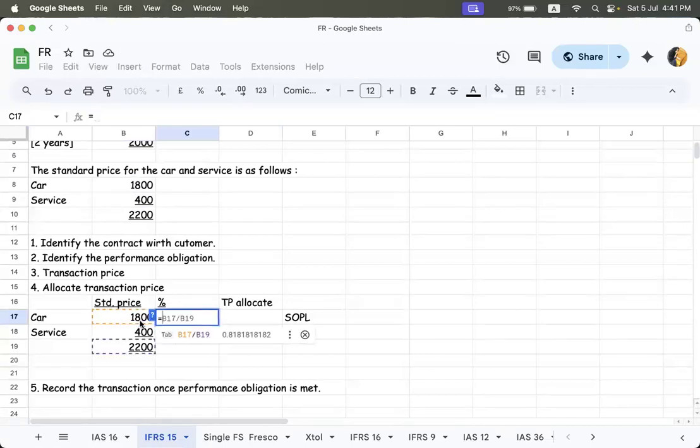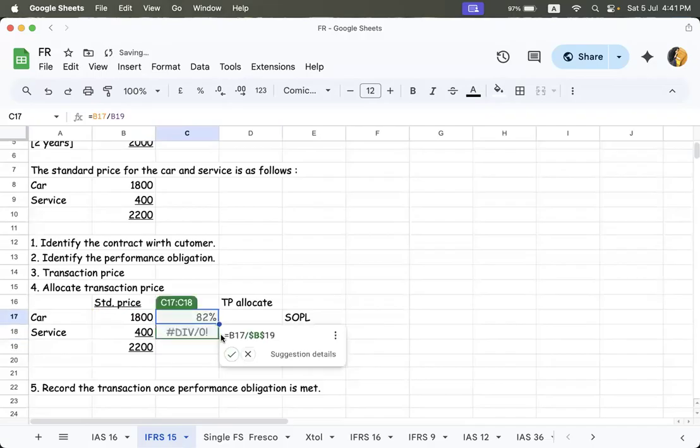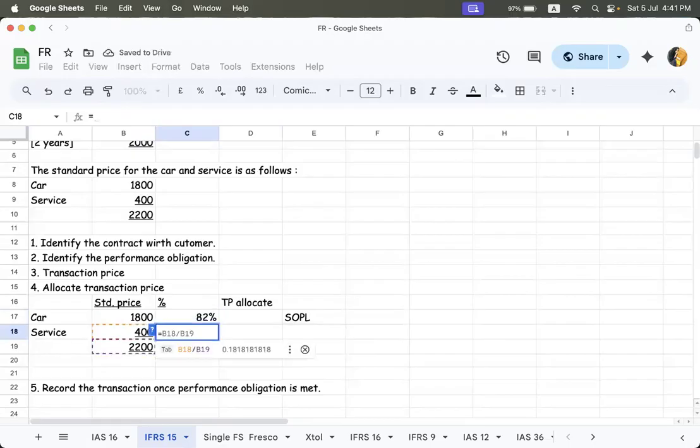So this is equal to this one divided by this one. In the same way, we are just going to drag and drop, equal to this one divided by this one. Right? So 82 percentage and 18 percentage. Together it becomes 100 percentage.